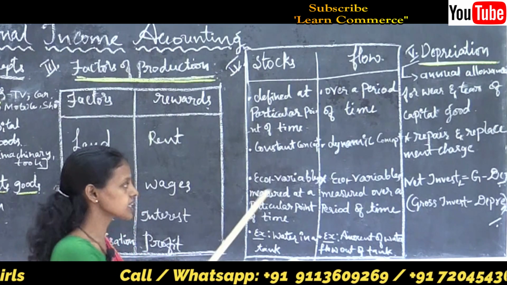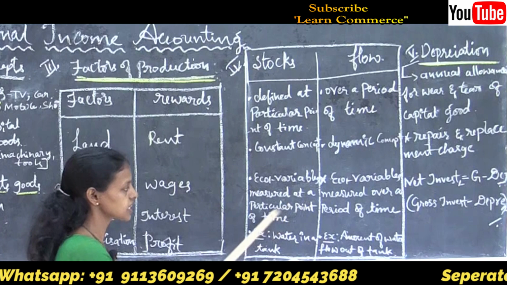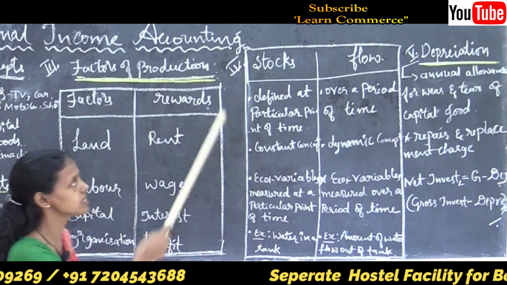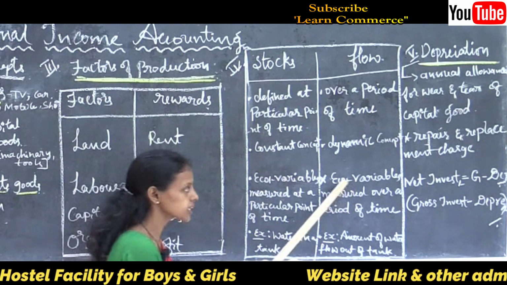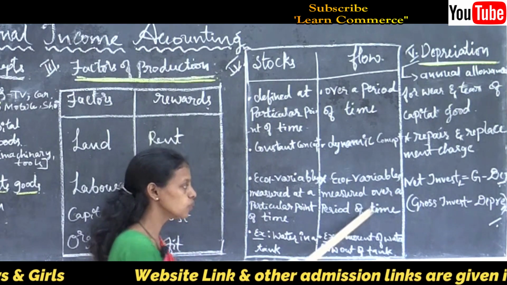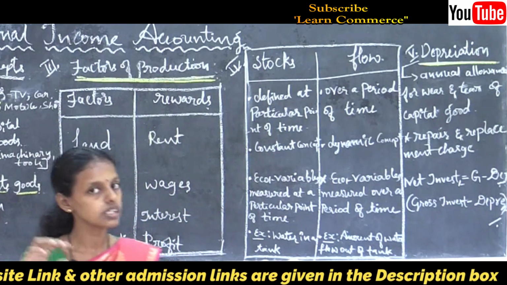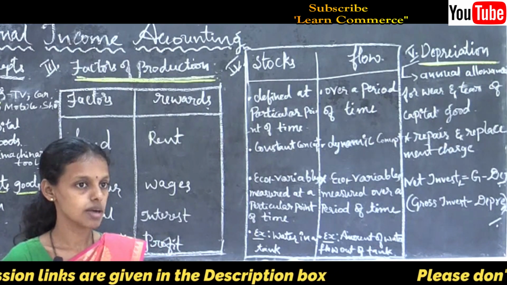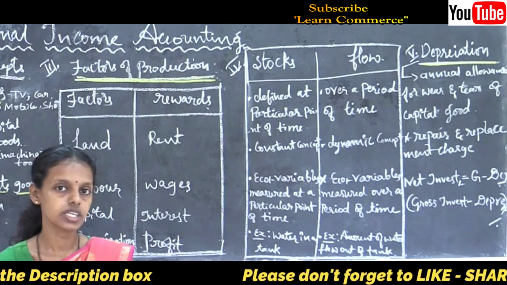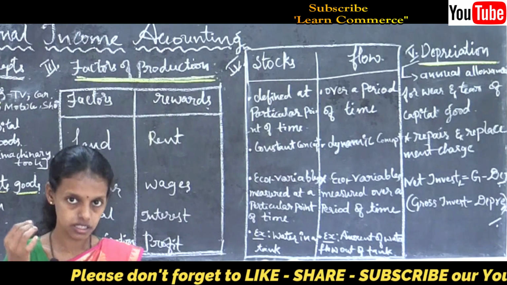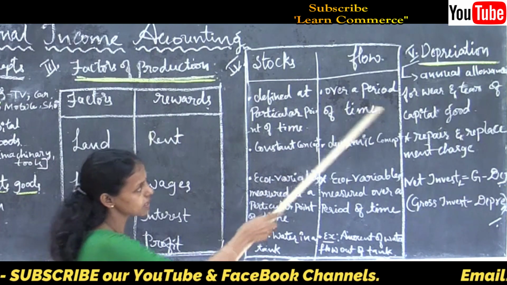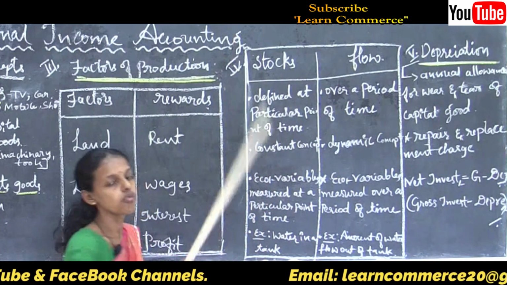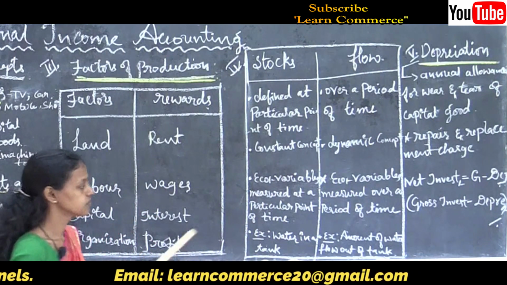Thus, economic variables measured at a particular point of time are said to be the stocks, and economic variables measured over a period of time are said to be the flow. For example, changes in any variable that we are considering over a long period of time is said to be the flow of income.